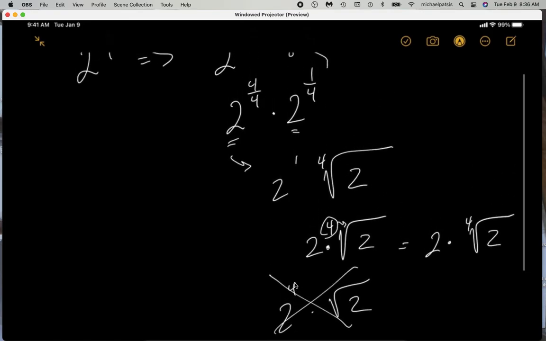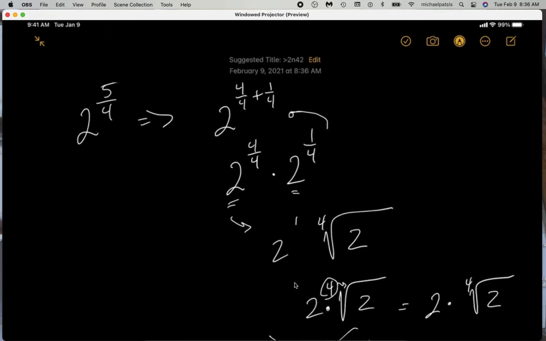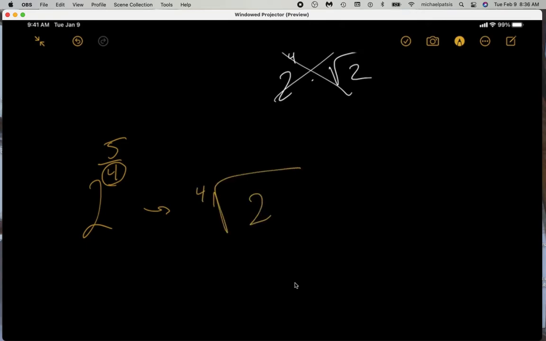Okay, let's see. Could we have done that another way? Let's take this, bring it down here. Convert it to a radical. The root is underground. There's your root, 2 to the 5th power. Okay, we could change this to 4th root of 2 to the 4th times 2 first.